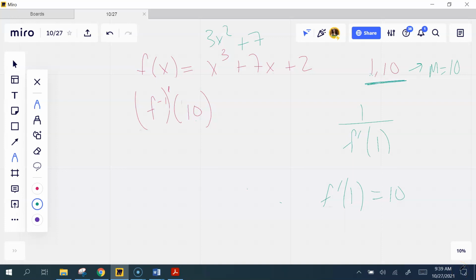So if you want the slope of the inverse, you would flip it. Just flip it. Correct. So since this was telling me to look at 10, then I do the derivative at 1 and flip it.